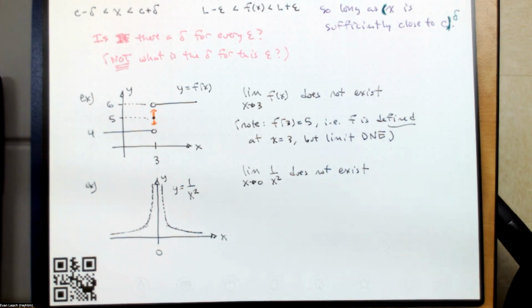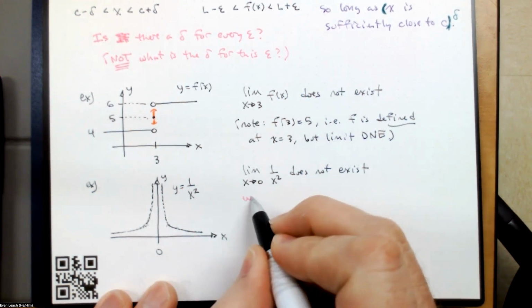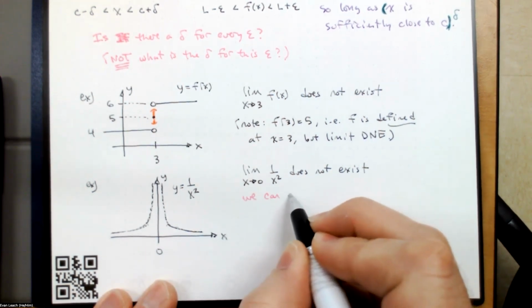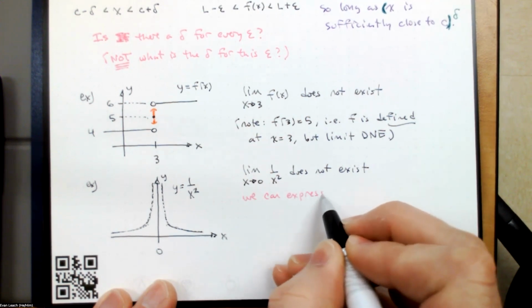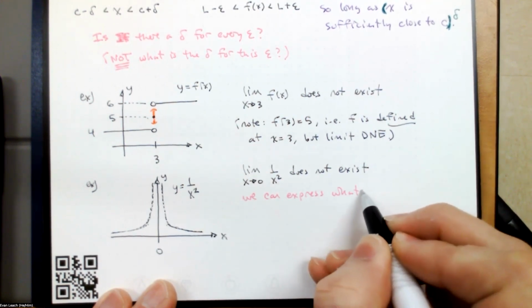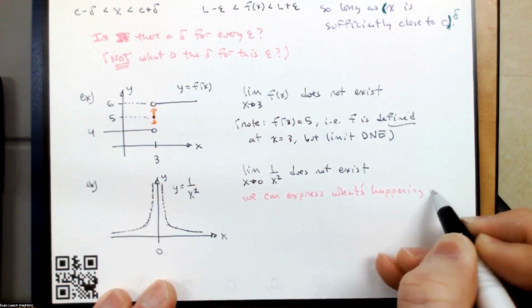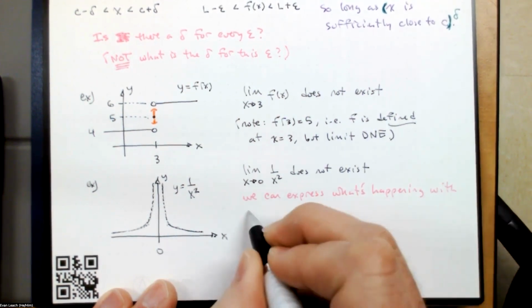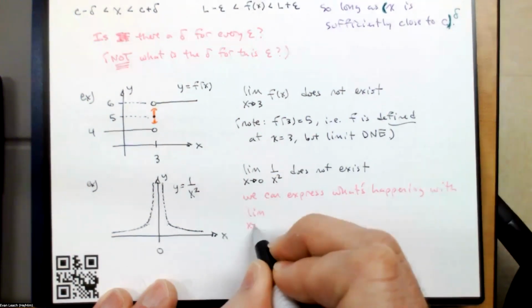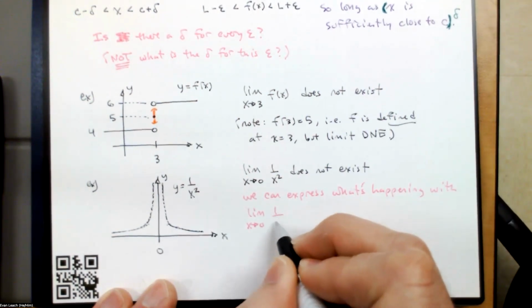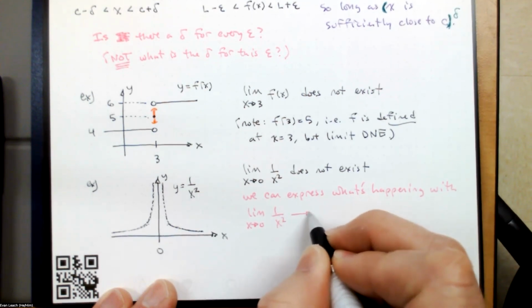We might say the limit as x approaches 0 of 1 over x squared is approaching infinity.